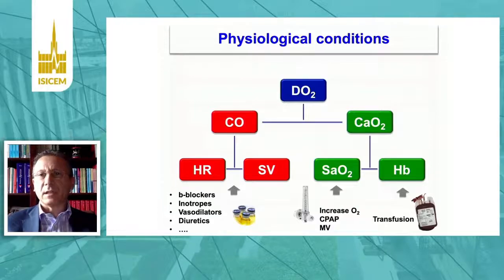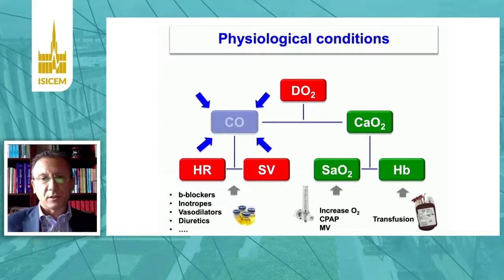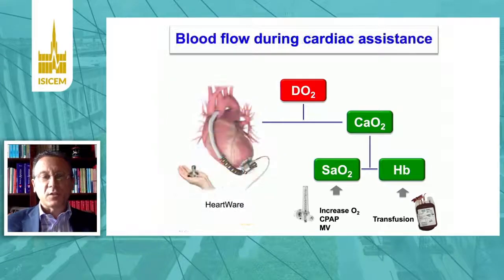Under physiological conditions, oxygen delivery is determined by cardiac output and by arterial content of oxygen. But of course, cardiac output is the main determinant of oxygen delivery. In patients with cardiac assistance, cardiac function is replaced by the VAD.